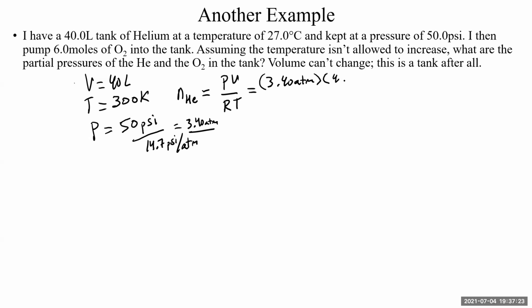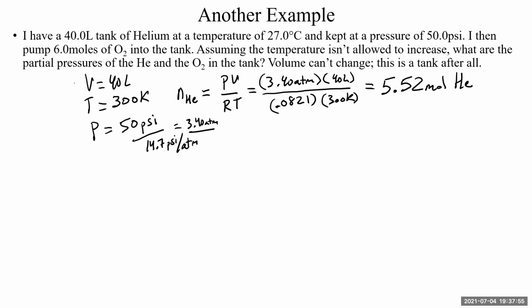Our volume is 40 liters, our temperature is 300 kelvins, and of course our gas law constant is always constant, 0.0821. So that gives us 3.4 times 40 divided by 0.0821, divided again by 300. That gives us 5.52 moles of helium.